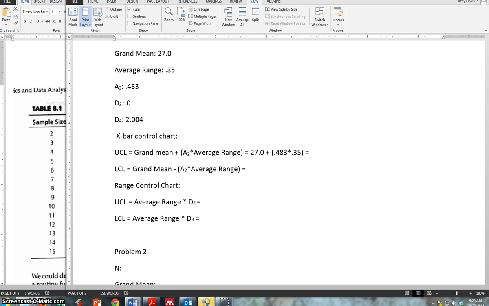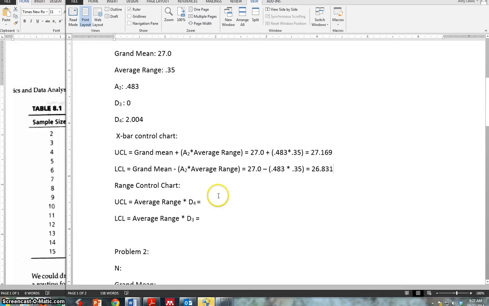And when I work that out, that comes to 27.169. My lower control limit for the X bar is going to be 27.0 minus 0.483 times 0.35. And that works out to 26.831. So that would be my answer, my upper and lower control limits. My control chart goes from 26.831 to 27.169.